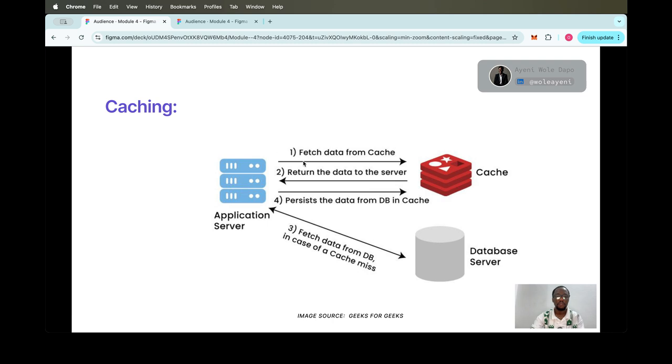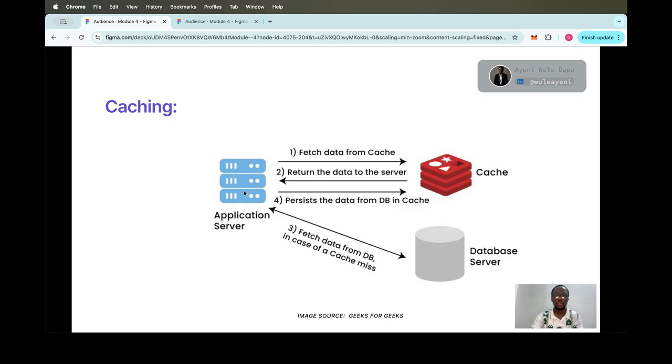So the diagram we have here is for the cache aside strategy, where the customer makes a request. Imagine we have an imaginary customer here. He makes a request. That request gets to the application server. The application server tries to fetch that information from the cache. In a scenario where that information exists in cache, it responds to the customer with the cached information.